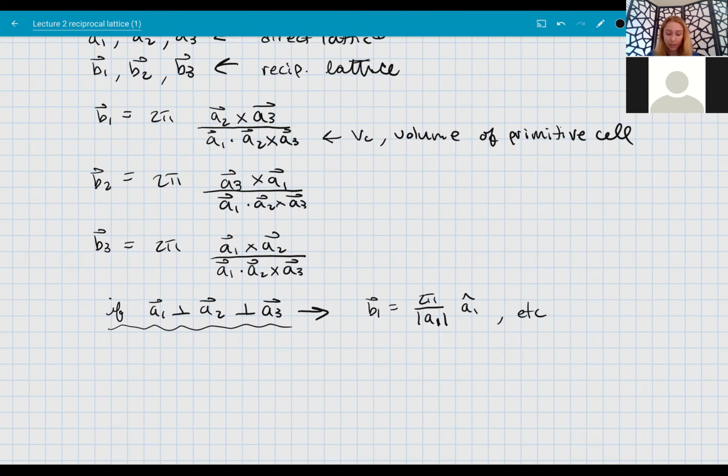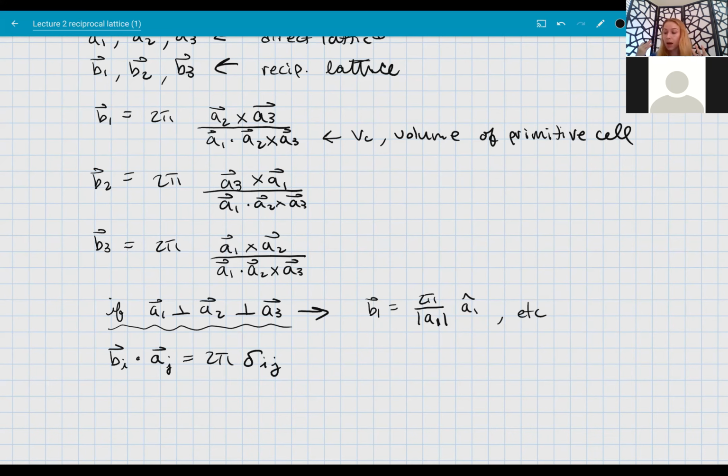Something that is always going to be true is that the reciprocal lattice vector with some index i dotted with the direct lattice vector with some index j, so b_i dotted with a_j, is equal to 2 pi delta ij, which means it's equal to 0 if the indices are different, and equal to 2 pi if the indices are the same.